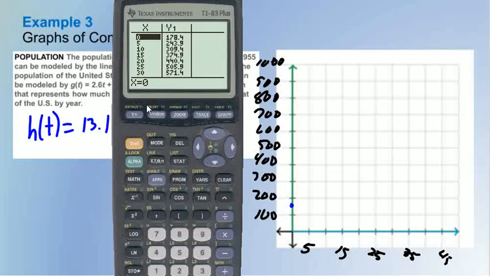We have 5 and 243. Be roughly here. 10 and 309. Here. 15 and 374. So yeah, 10 was over 300. Let's make this roughly here. 15, 374. So up here. Then 20 would have been 440.